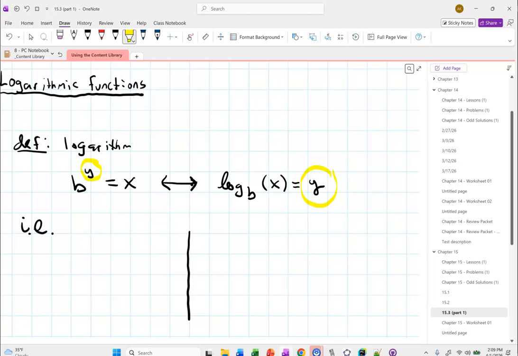So if I have these two equations, b to the y is equal to x, and y is equal to log base b of x, if I plug that in, where I've taken this and put it in here for y, I have that, right?